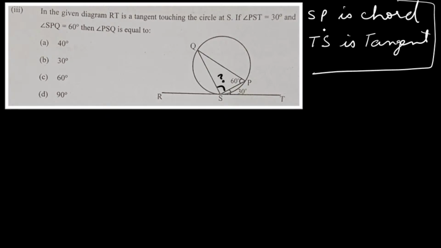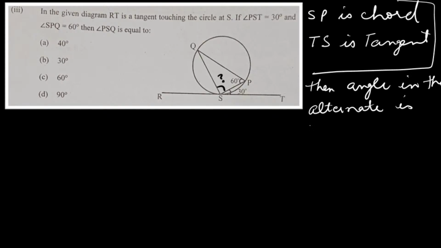That means if the angle is between chord and tangent, then the angle in the alternate segment is equal to the given angle. Like here the given angle is SPT or PST.